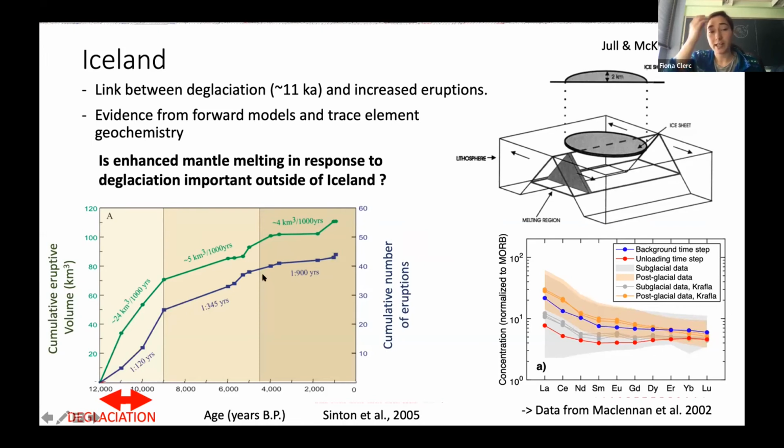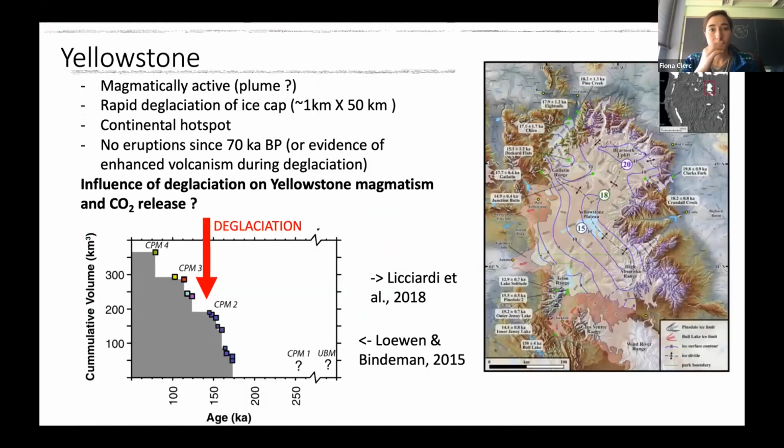Again, in other settings, it's less clear how this process operates, as there are few forward models that consider how mantle melting may be affected. In particular, it's unclear how continental settings would respond due to their thicker lithosphere. So this brings us to Yellowstone as a useful comparison.